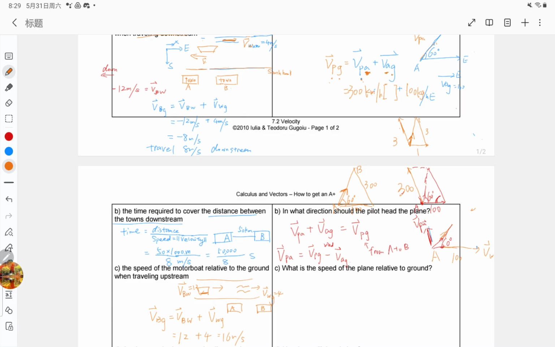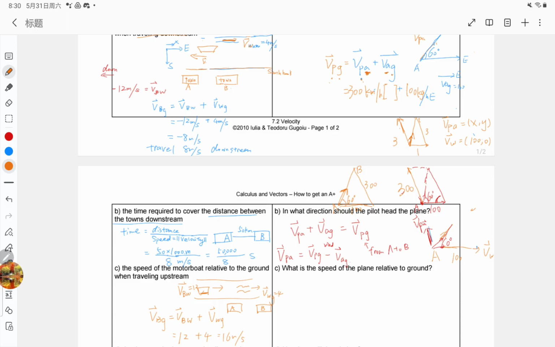We can maybe assign x, y variables, so that VPA is the XY variable, and then V wind is 100, 0, right?